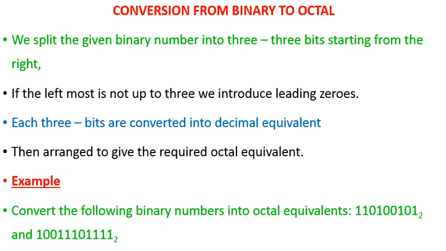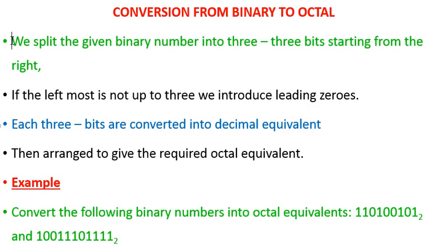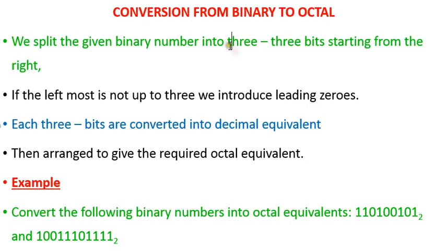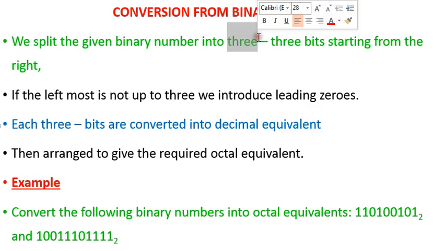So we go to the conversion from binary to octal. If you want to change from base 2 to base 8 directly, how do you do it? These are the steps. Number 1, you split the number into 3 bits. The binary number given to you, try to split it into 3 bits, but you should start from the right-hand side.